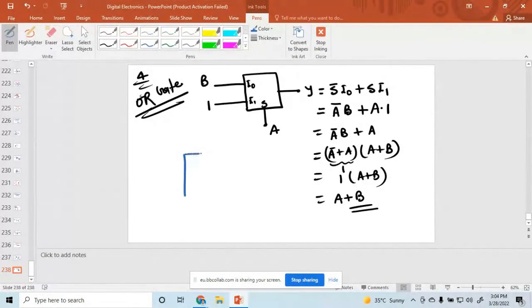mux, the input is 2 into 1, with two inputs, one selection line, and one output. So again a 2 is to 1 mux, with inputs I0 and I1 and a selection line.